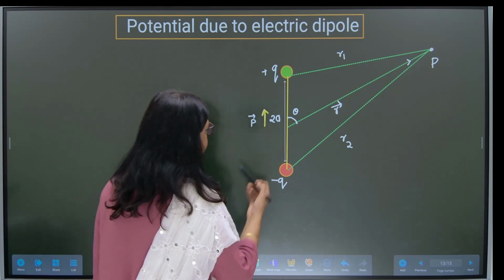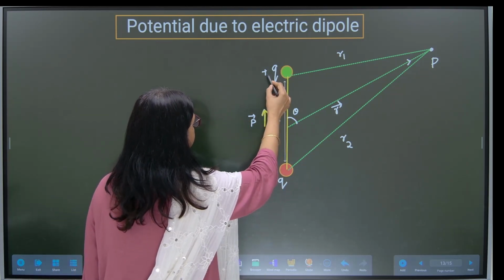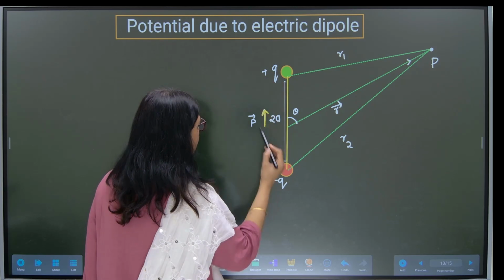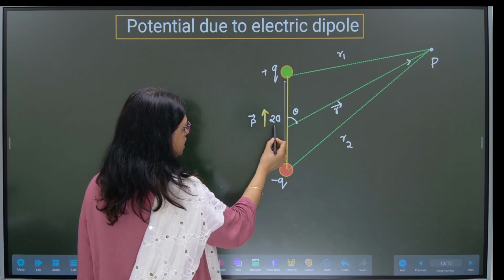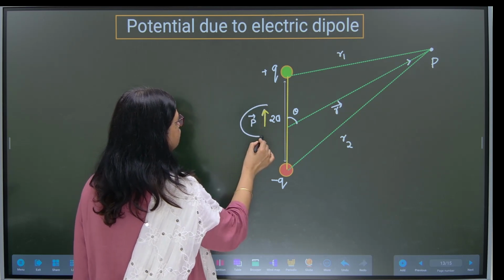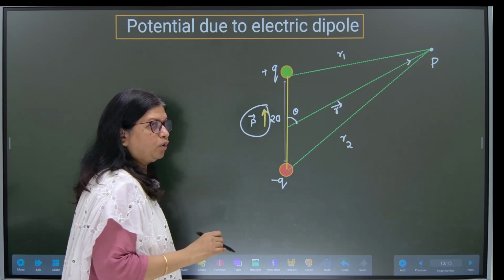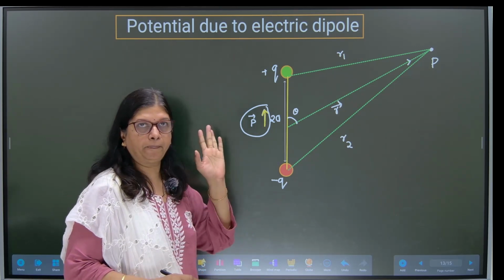Now, as can be seen, there is an electric dipole with a positive charge plus q and a negative charge minus q. Distance between these two charges is 2a, and here we can see the direction of the electric dipole, which is from the negative charge to the positive charge, denoted by p.